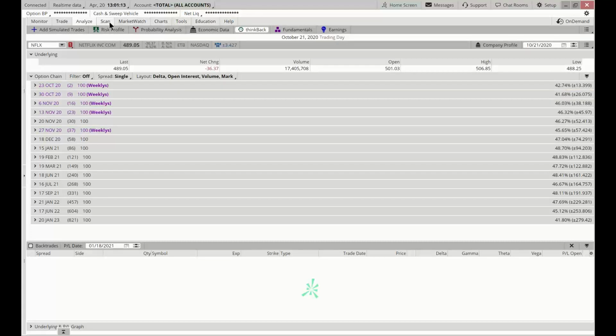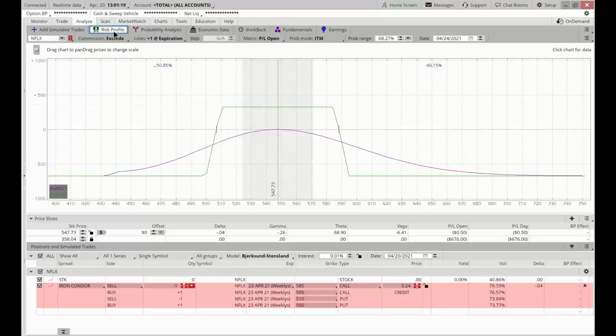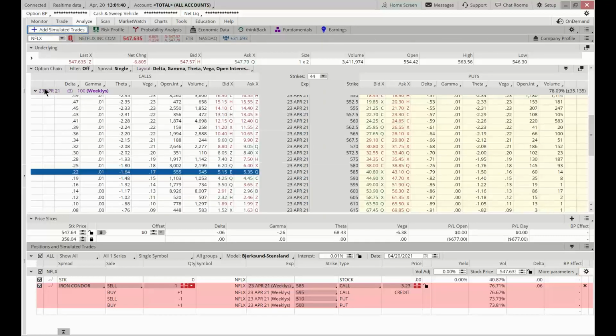All right, so what does that do to our implied volatility in our iron condor? So here's our iron condor. Now what we can do with the power of this tool is we can click on this gear icon and, let's look at the options chain again.